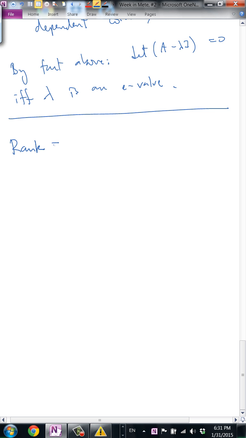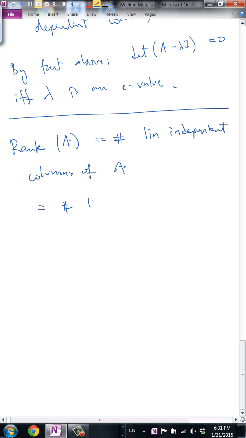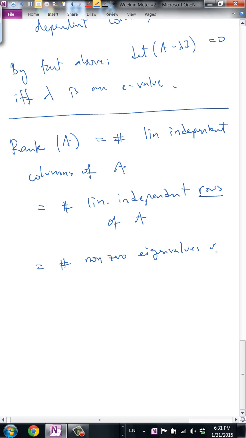We said that the rank of a matrix A is equal to the number of linearly independent columns of A. And it turns out, we may see this in more detail later, but we haven't given the proof, that this is also equal to the number of linearly independent rows of A. And we also haven't yet seen that this is equal to the number of non-zero eigenvalues of A, counting multiplicity.